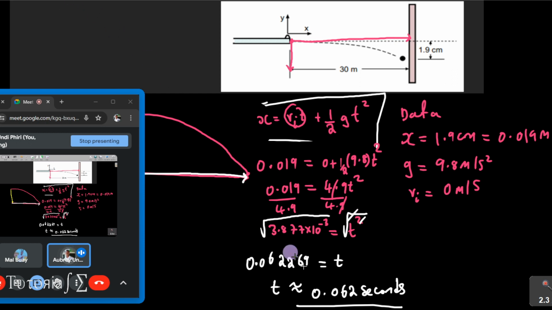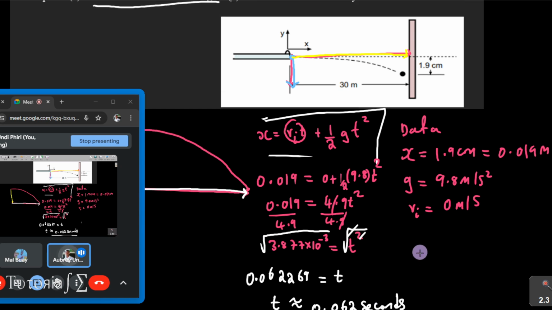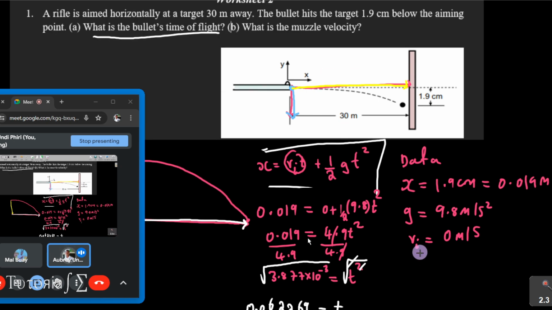So the 0.06 seconds is the time it takes the ball to fall from this height going down, which is the same time it takes to move from this point until it hits the wall that side.